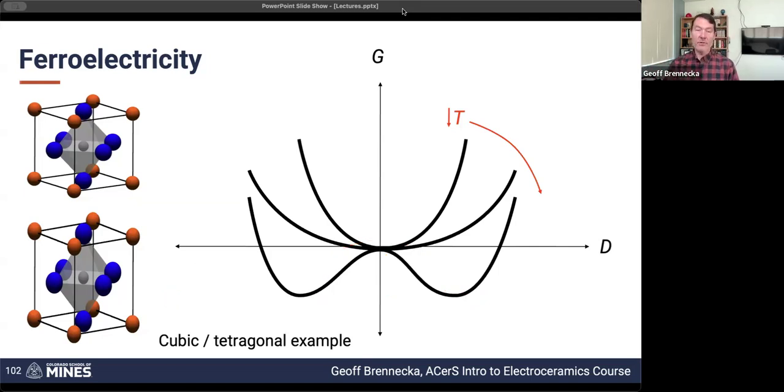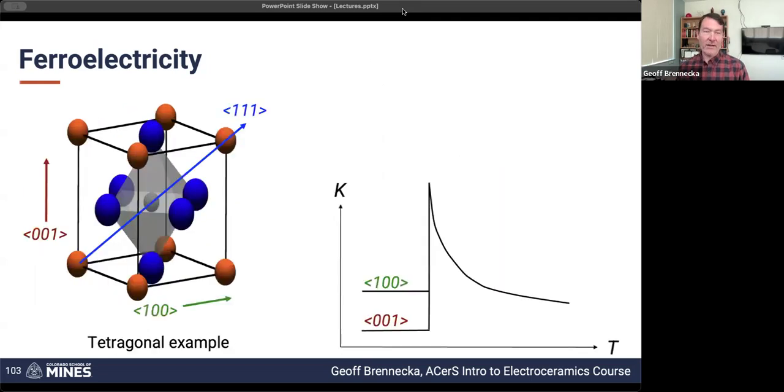And that being able to apply an electric field and change the crystallographic polarization, the direction of polarity of that unit cell, is the definition of ferroelectricity. So this is generic for any normal ferroelectric. We're using barium titanate as an example.